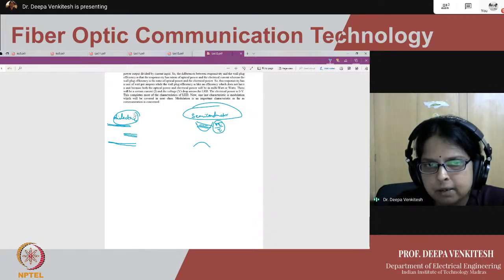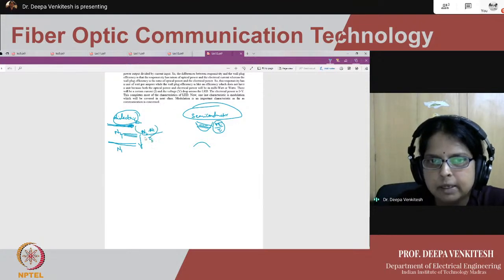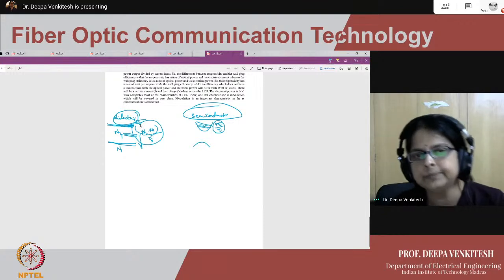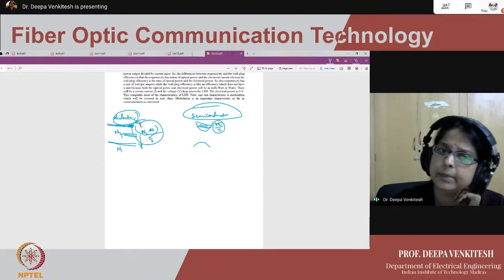Now, if you try to compare the same thing with the dielectric, you will have to look at the dopant concentration, the excess dopant concentration in the higher state. For example, if this is N1 and this is N2, here you will look at N2 minus N1, divided by tau spontaneous, and that will give you the rate of spontaneous emission in these two.